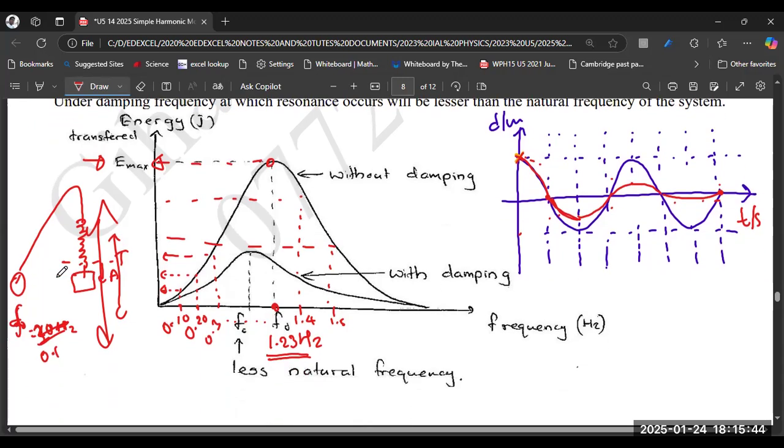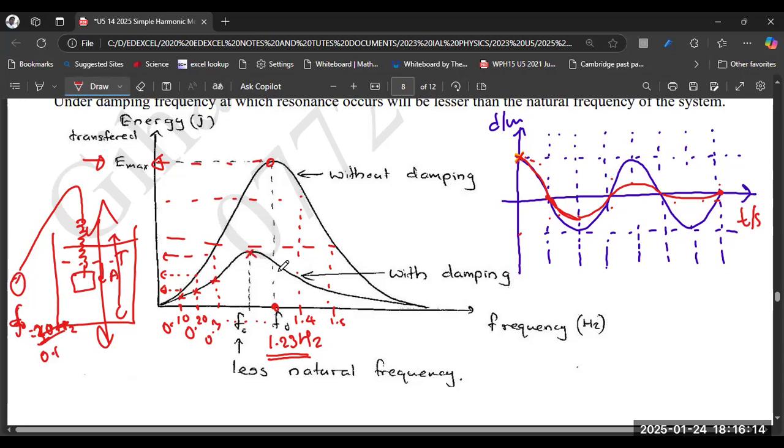Now I will put this spring mass system in a water beaker. You saw that in the video. Then what happens when I keep it in the water beaker? At 0.1 also, it will vibrate and have some energy, but not as much as earlier. At 0.2 also, it would vibrate. Likewise, for the same frequencies, the data would give me energy smaller than the situation without damping.